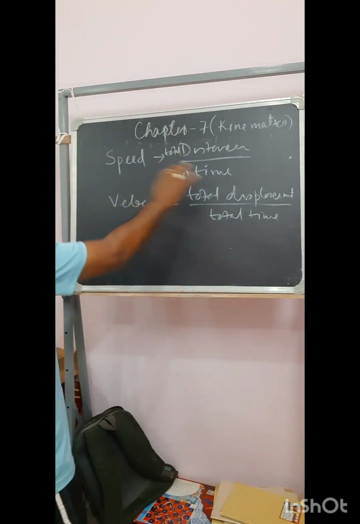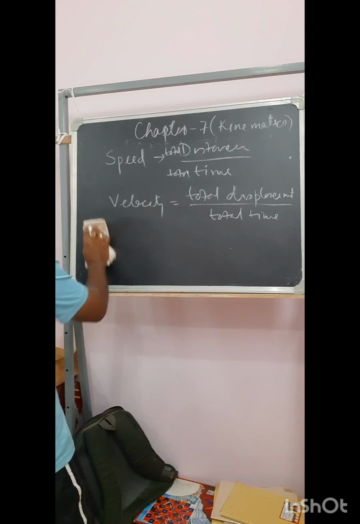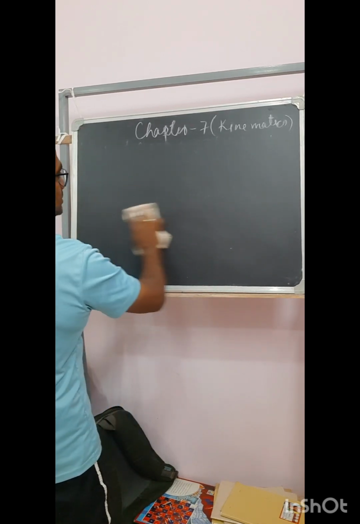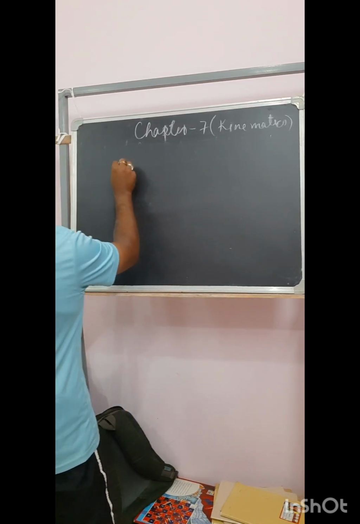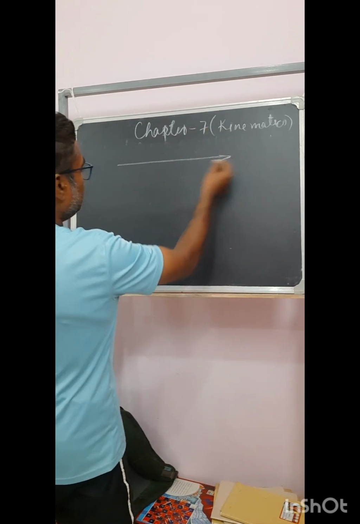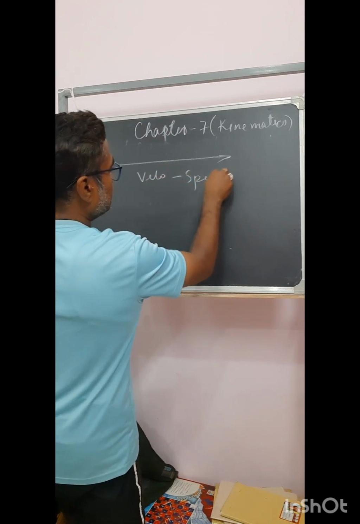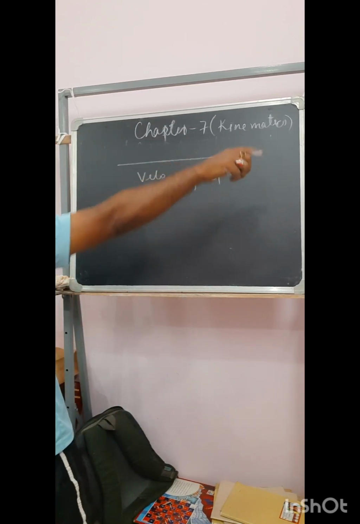Unless the direction is changing, if it is linear, we can assume that velocity and speed are the same term for linear motion.